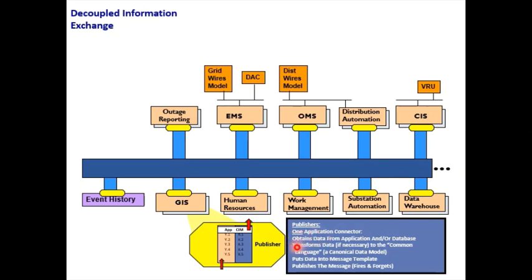This application will obtain data from the GIS application or from the database of the application, and then it will transform the data into a SIM XML format, and then this same XML file will be sent to various subscribers.